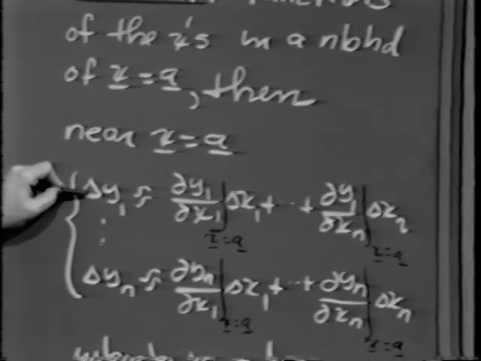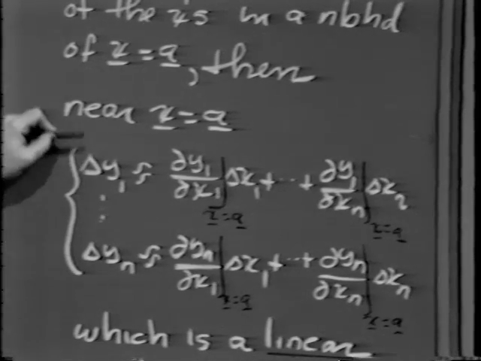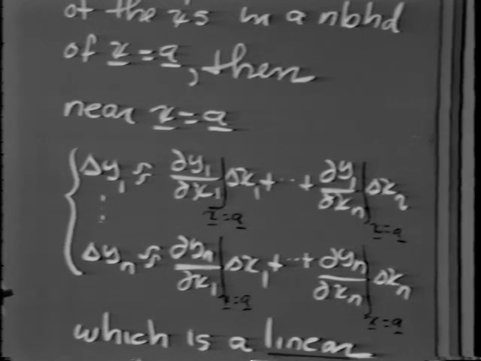That the error term goes to 0 very rapidly, and as long as the functions are continuously differentiable, it means what? That the change in y is approximately equal to the change in y sub tan.